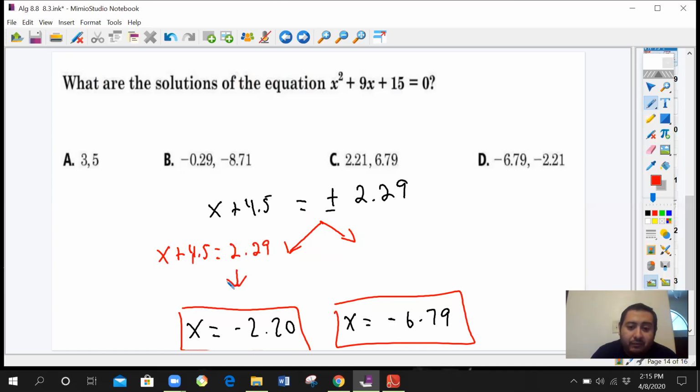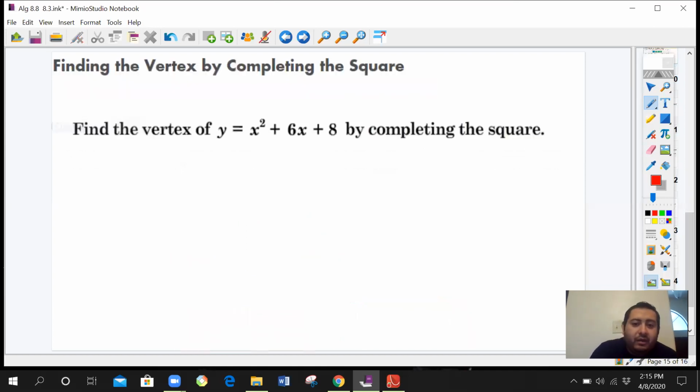And we got this. And then x plus 4.5 equals negative 2.29. And we got this. Okay. That's basically what happened.